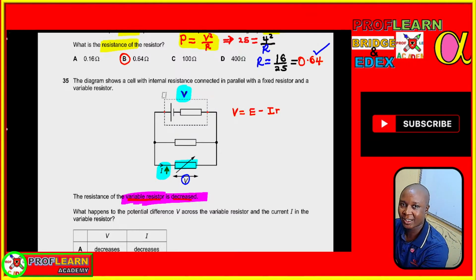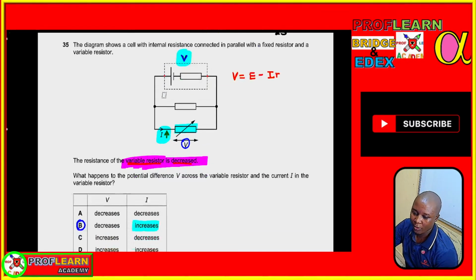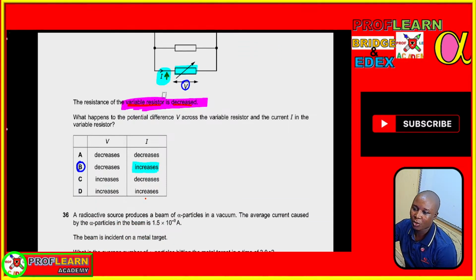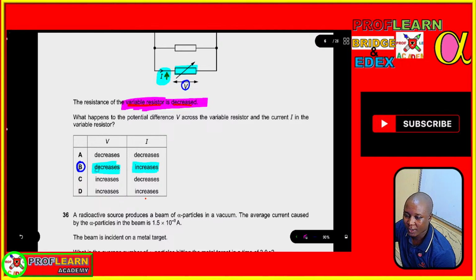If more current is drawn from a cell that has internal resistance, there will be a larger potential drop due to internal resistance, which means the terminal voltage of the cell is going to be lower. That's why we say current will increase, because a decrease in resistance increases current, and then the voltage is going to reduce.